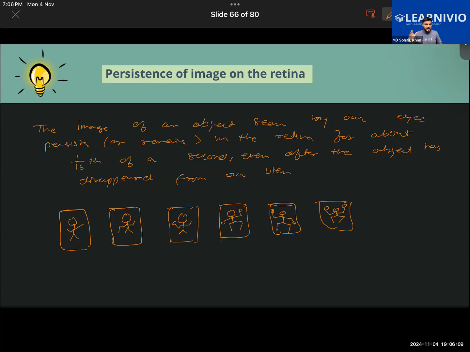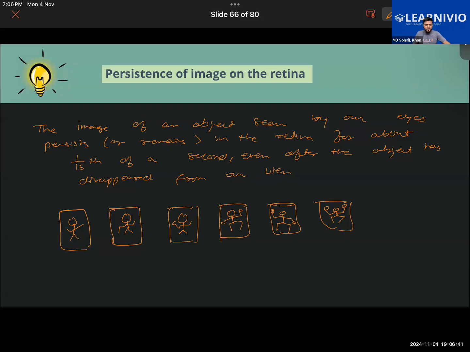You guys know how the cartoons were made earlier? They would have still pictures and they would move the frames of the still pictures, more than 16 still pictures in 1 second. So if more than 16 pictures are moved in front of our eyes in just 1 second, the object will appear to be moving. I hope you guys are able to understand what I'm trying to say. Yes, sir.